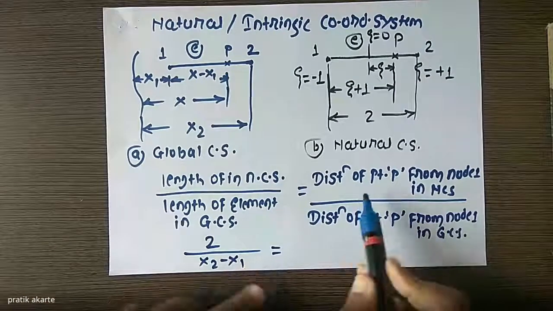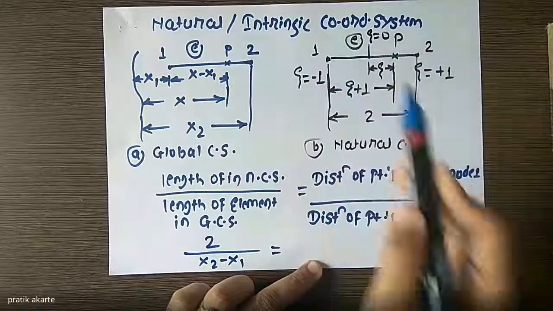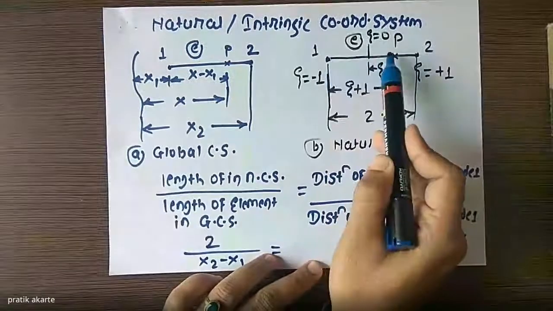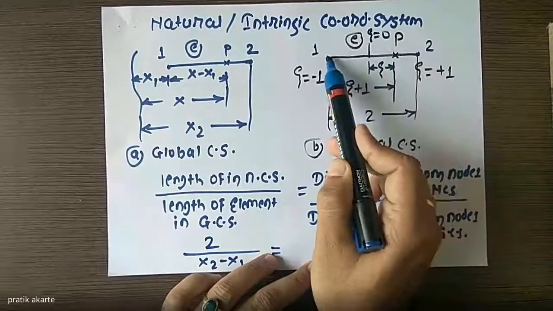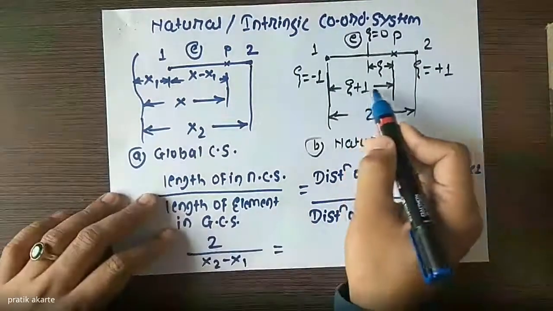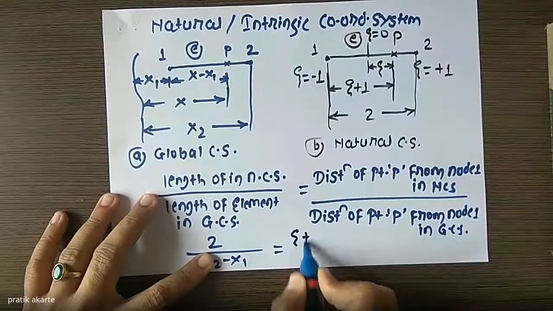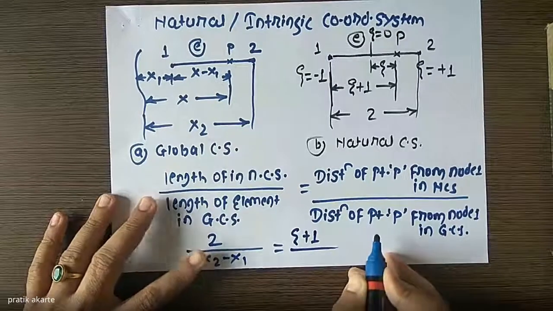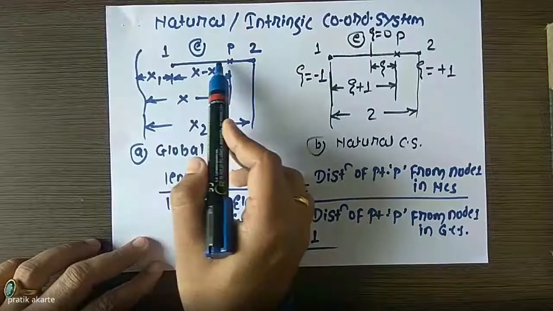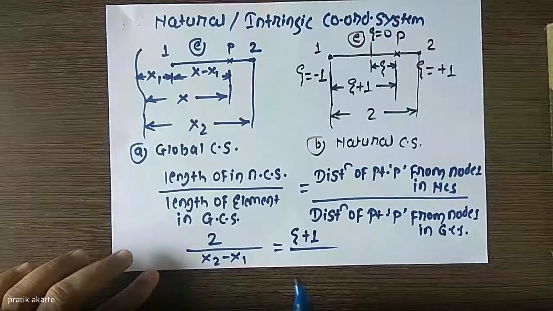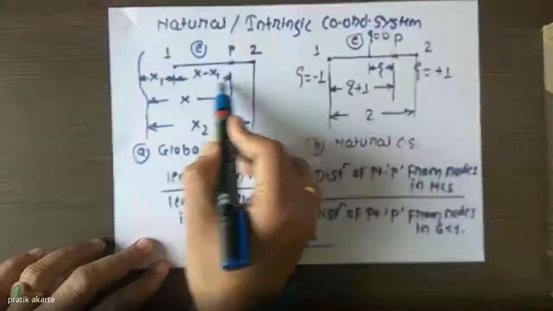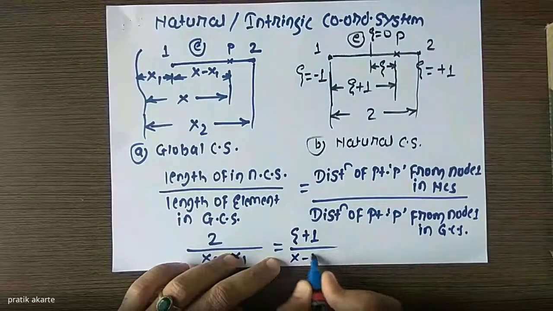Then the distance of point P from node 1 in natural coordinate system is zeta plus 1, upon the distance of point P from node 1 in global coordinate system, which is x minus x1.